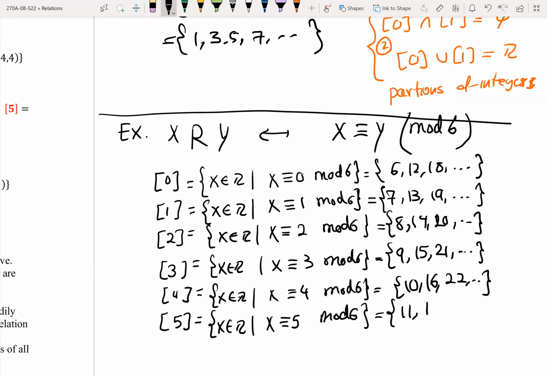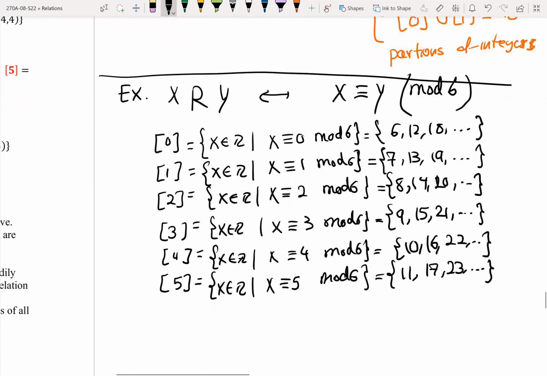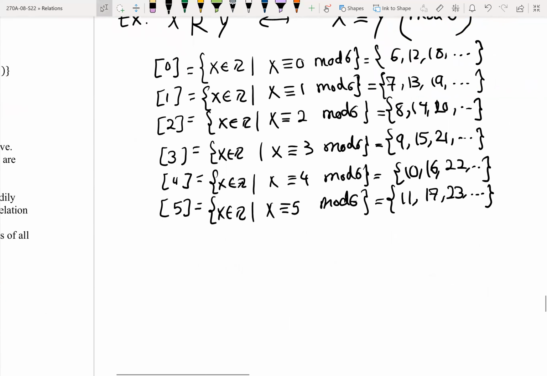Do I have any other possible class of equivalency? So this is 17, this is 23, and so on. I've added only 1 to the previous step, right?